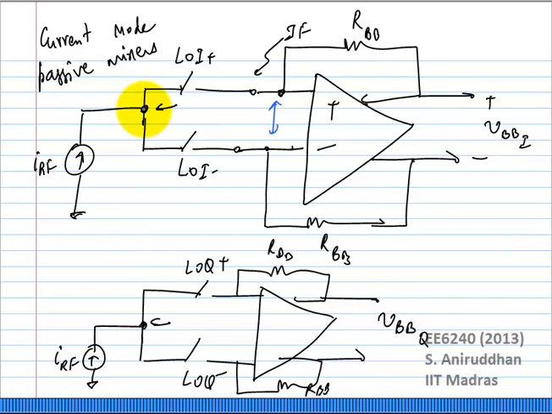If you make sure that the voltage swing at the input and output are very small, you can make it even more linear. Because whenever the voltage is swinging, there will be nonlinear effects such as varying switch resistance, varying CGS of the transistor. You will have all of these effects if you have large swings. By minimizing swings, you can make it even more linear in the current mode case.